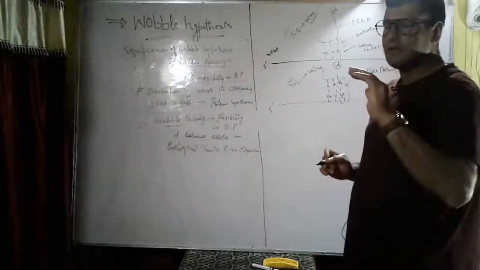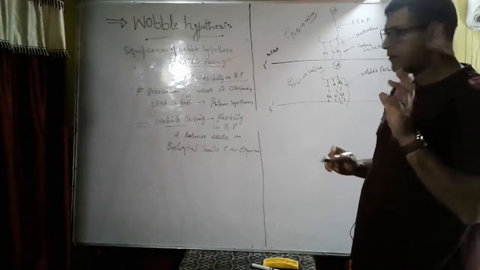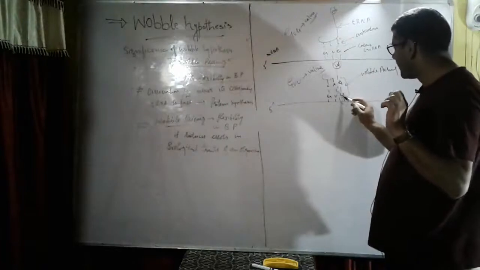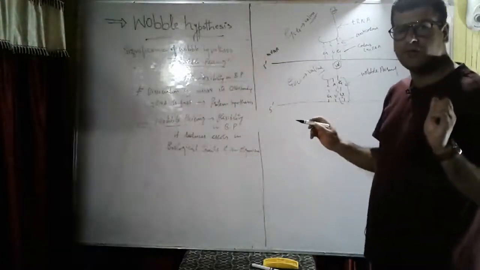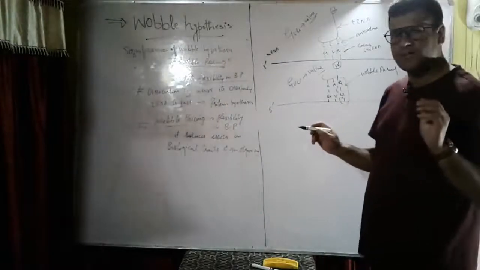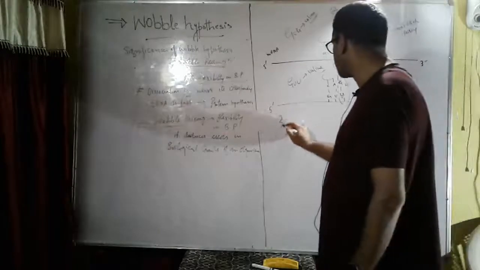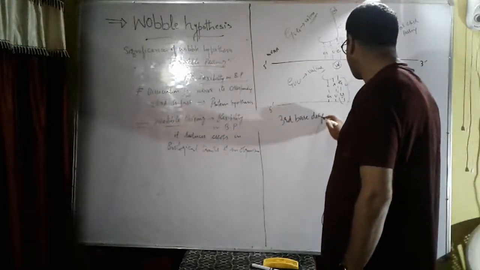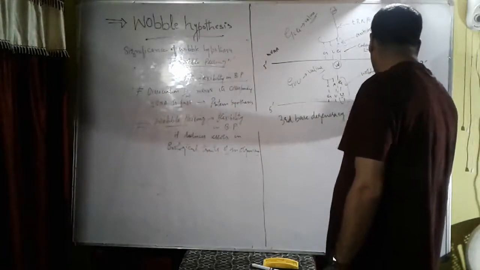That means the nitrogen bases at the wobble position are not specific, they are not important in specifying the amino acid. This is third base degeneracy of codons of mRNA.